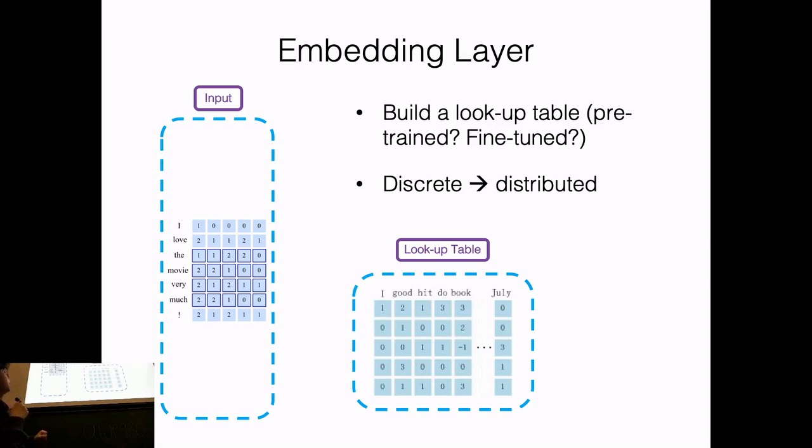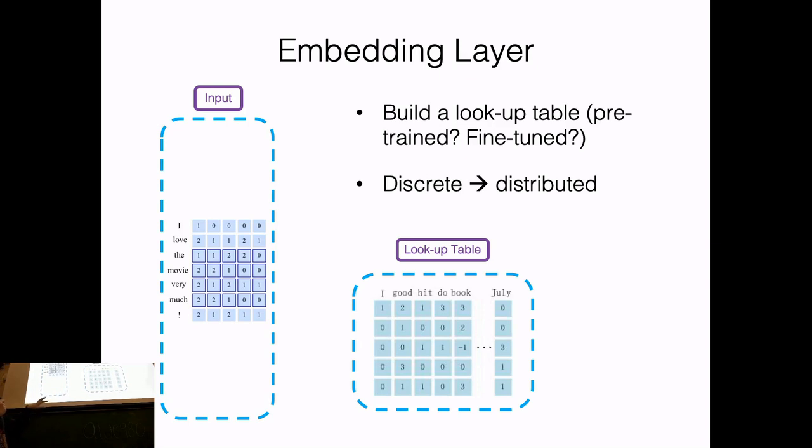Here is the illustration of the embedding layer. The functionality of the embedding layer is, given a discrete sequence of words, we should convert this discrete signal to a continuous vector. If you would like to achieve this, you usually should refer to a lookup table. We call it the embedding matrix.